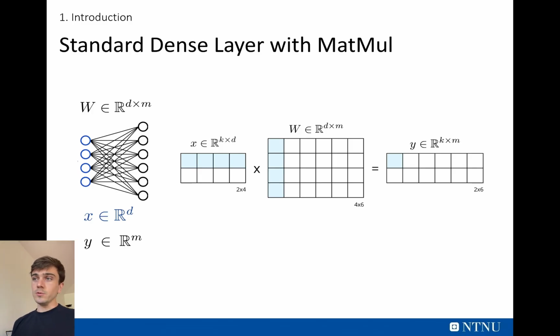Using matrix multiplications, instead of only doing this with one input, we can have more than one X. So in this case, X has 4 coordinates, and the input matrix is a 2 times 4 matrix, which means that we are using 2 inputs. Then we multiply this by the weights, and we are mapping to 2 outputs. In this case, the output is dimension 6. We have 2 outputs, so the output is 2 times 6, and the weight is 4 times 6, which maps each of the inputs into the output space.